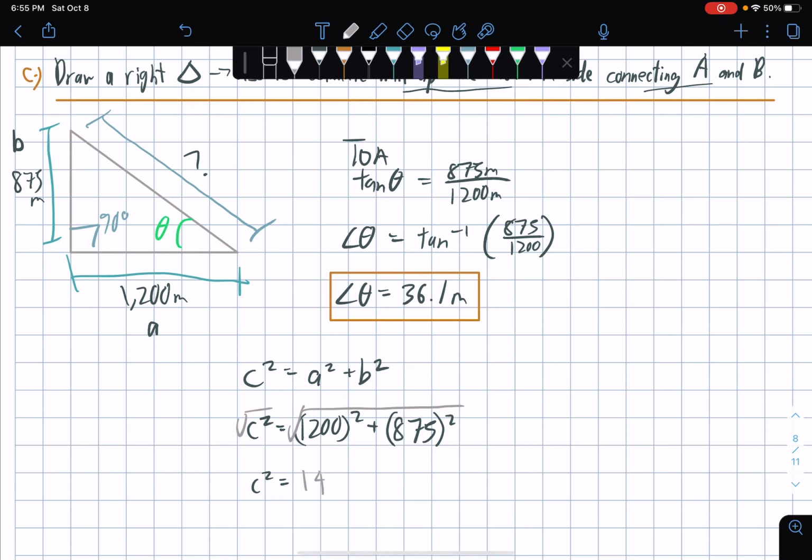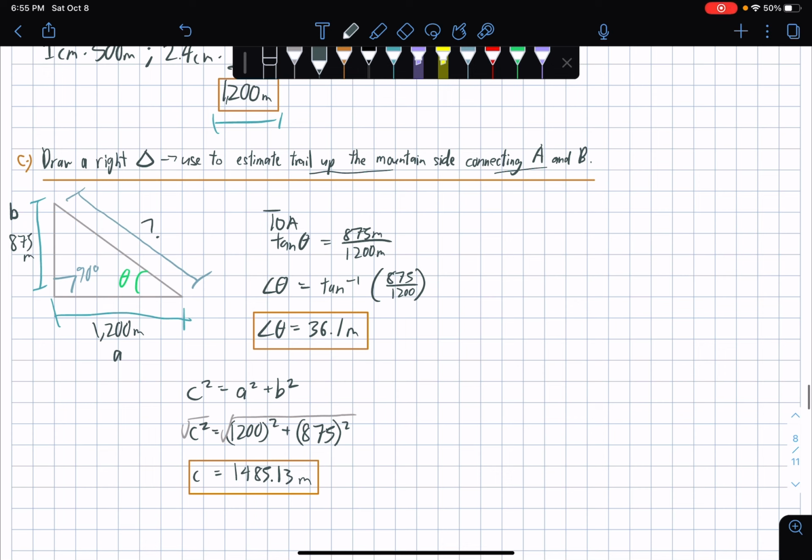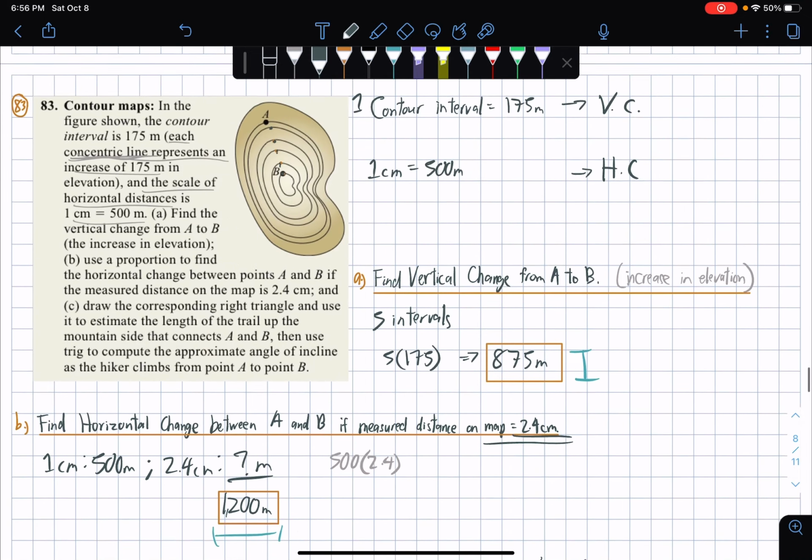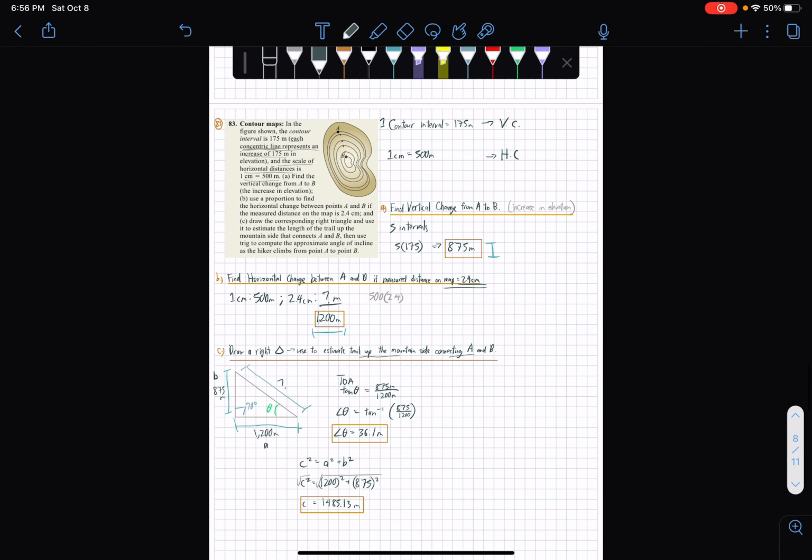We get 1485.13 meters. That's our answer for the hypotenuse. Right. We're finished with number 83.